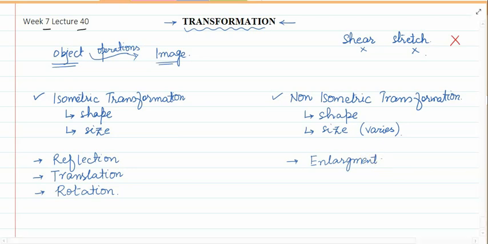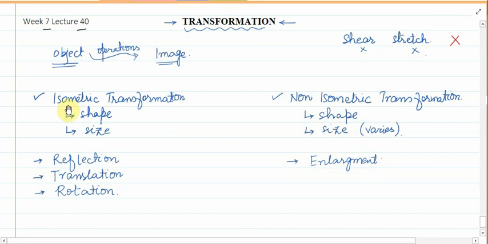By non-isometric transformation, we mean that in an enlargement, the shape remains the same, but the size may vary. It may be larger or it may be smaller.